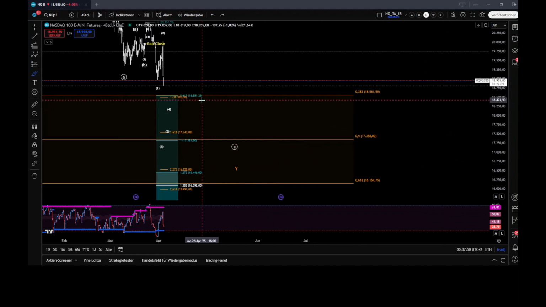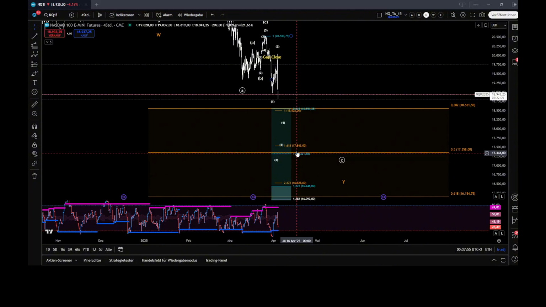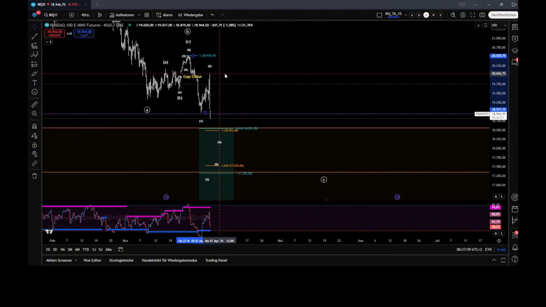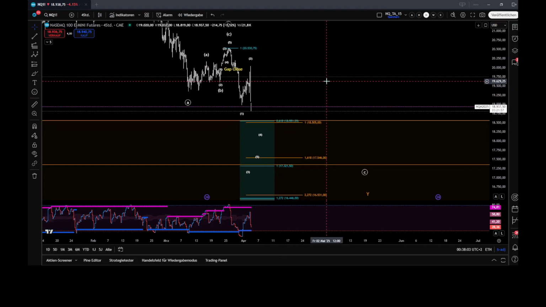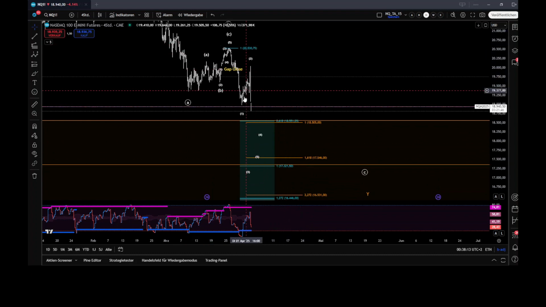But for now we have these ladders to climb to the downside, and we have to see how this is developing. When I take the standard extension levels for this impulse to the downside, which the C wave of Y is, then we have the little bit longer orange lines as targets, and the shorter targets are compared differently.